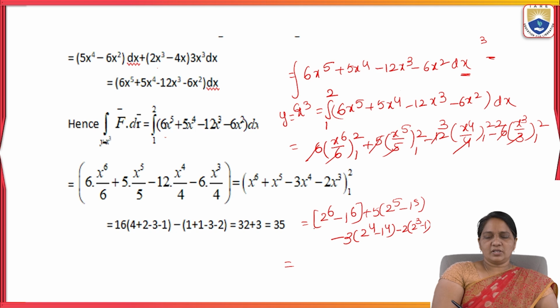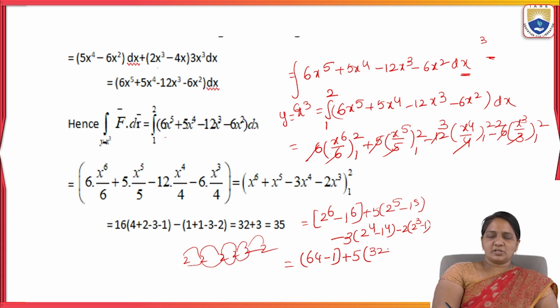So now finally 2 power 6. 2 power 6 is 2, 4, 8, 16, 32, 64. So 64 minus 1, plus 5 into 2 power 5: 2 to the 4, 4 to the 8, 8 to the 16, 16 to the 32. So this value is 32.